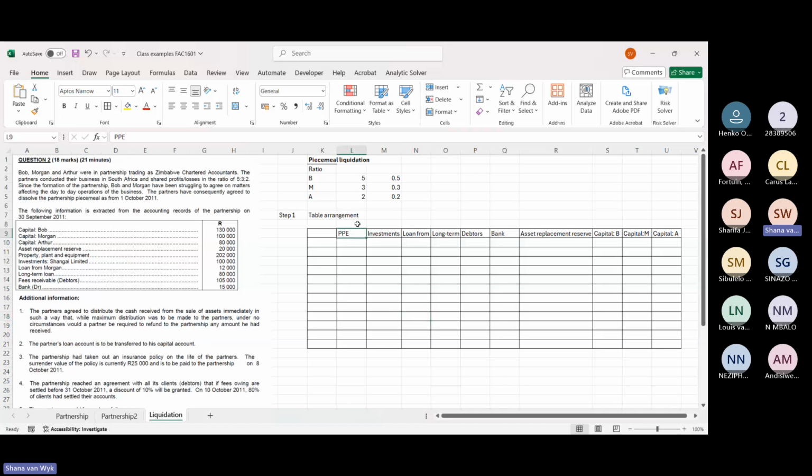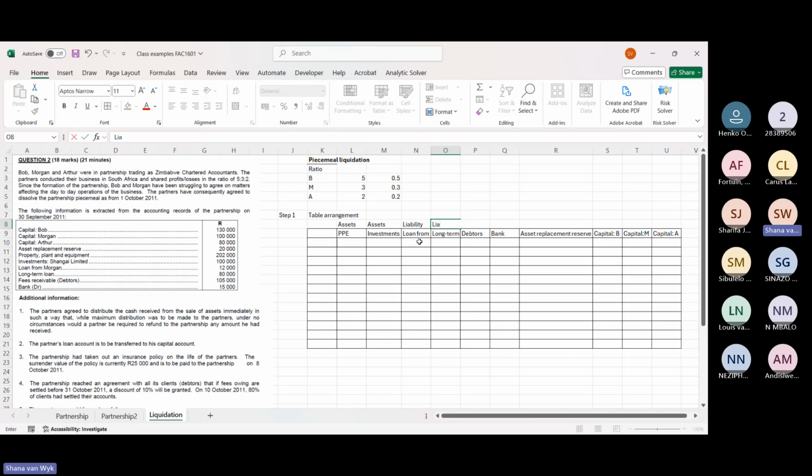Which one is PPE? Assets there. Okay. Investments, I'll say it's an asset. Loan from, so we are borrowing it from, I want to say liability.